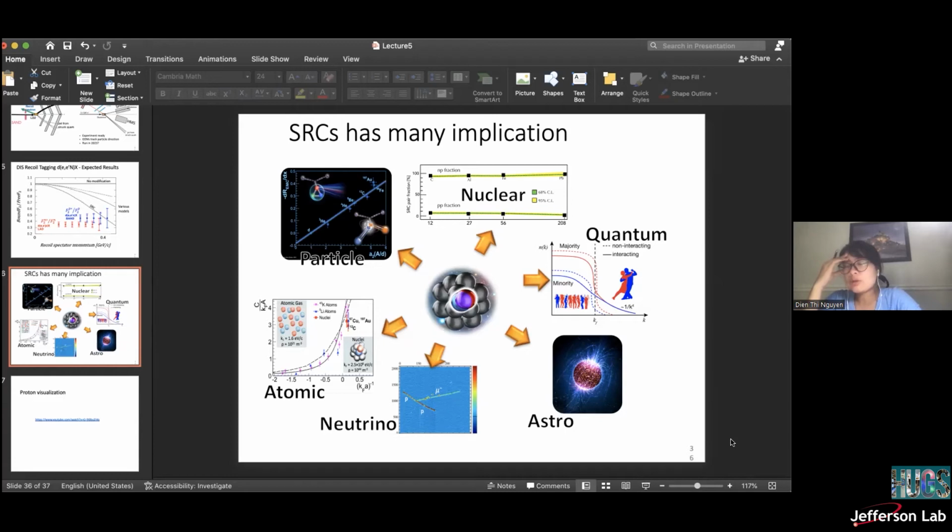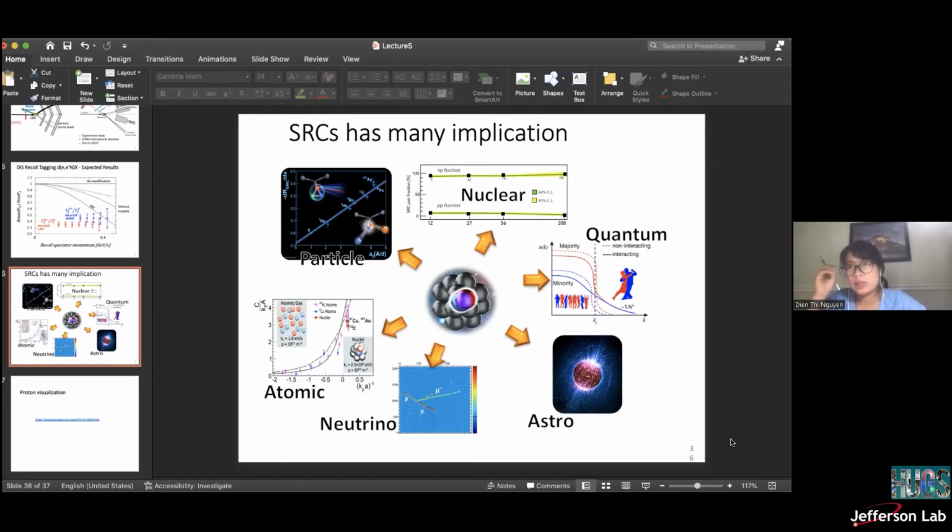So we have it like SRC, the SRC being dominated by np pairs. The distribution in the neutron star, you think about it like a shell, right? So the protons are very few, so they only occupy the area with small momentum and energy. So the distribution out there depends on the neutron distribution.